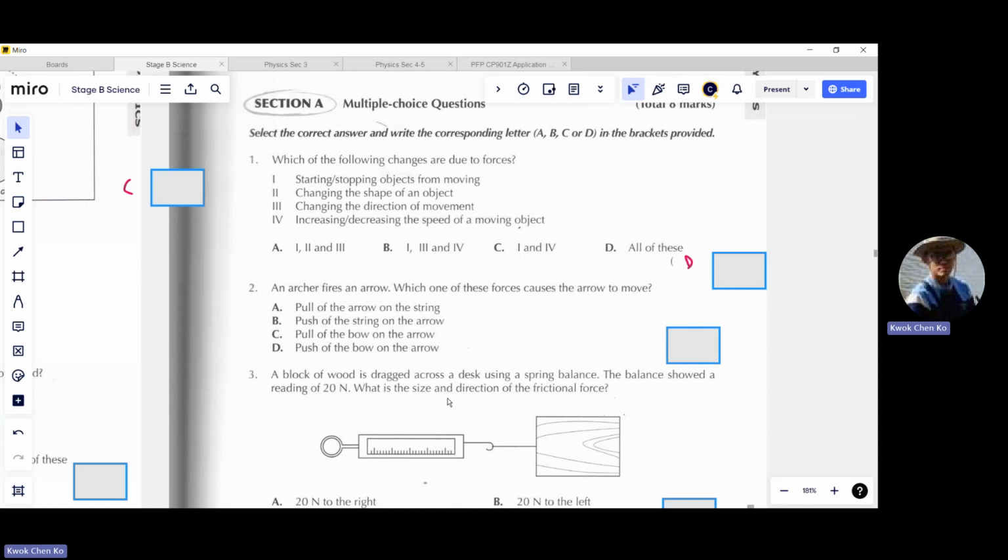Firstly, it's not the string, it's the bow, correct? What is acting on the arrow, the bow or the string? Which one is more direct? The string is more direct, but the bow is the one that has the bending.